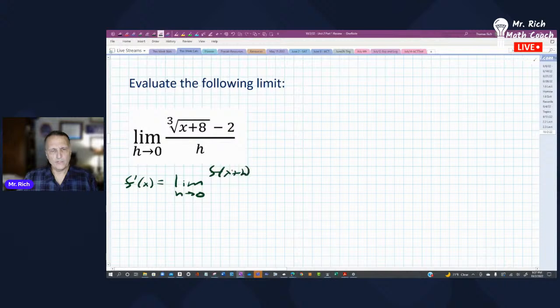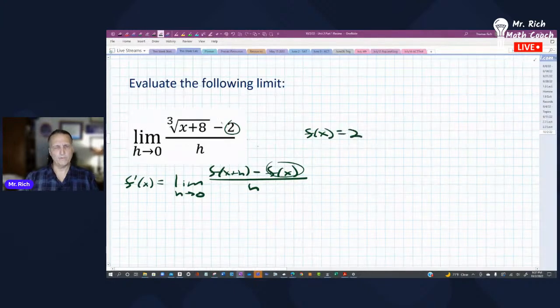So this is the definition of a derivative of f of x. What it is, is the limit as h goes to 0 of f of x plus h minus f of x. So what we can see here is that we do have an f of x that's equal to 2. Okay, so we can see that there's a 2 in place of the f of x.